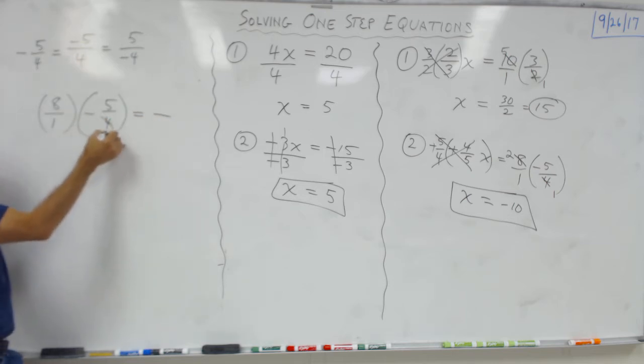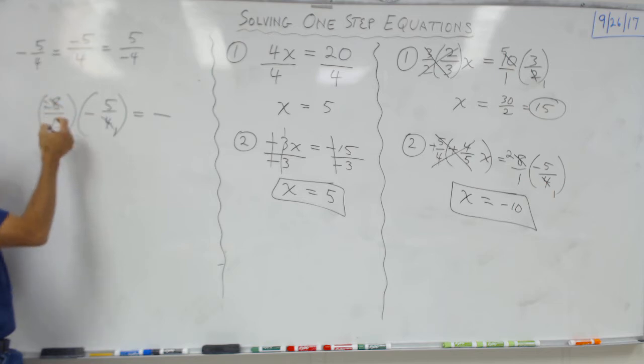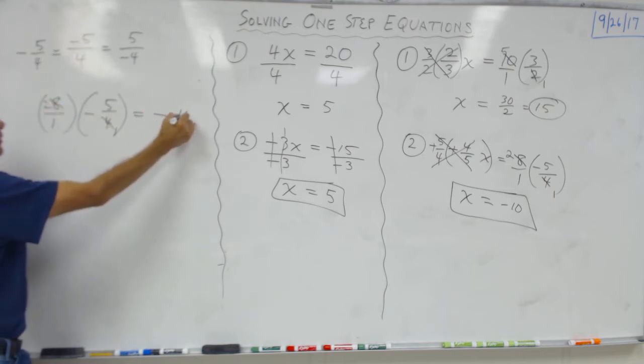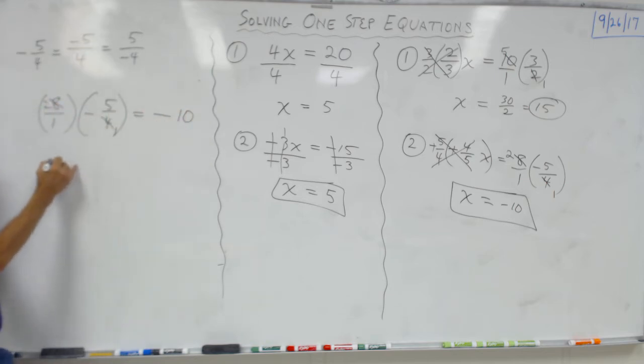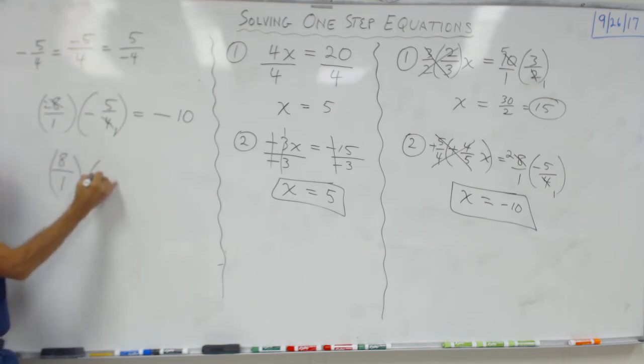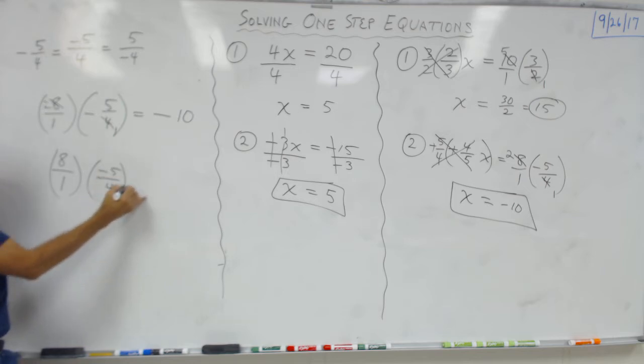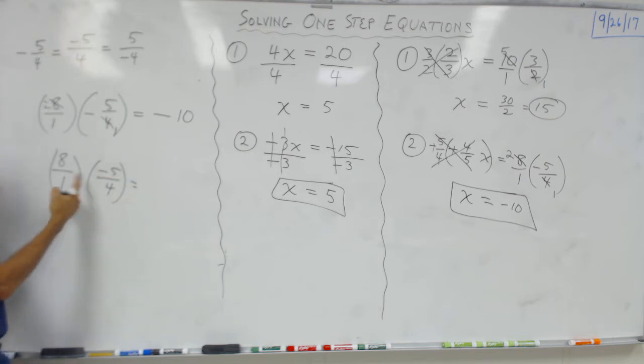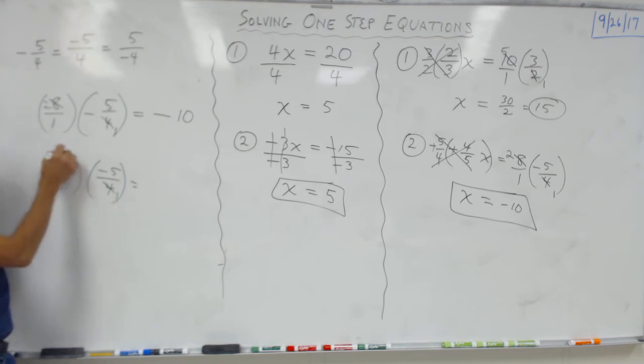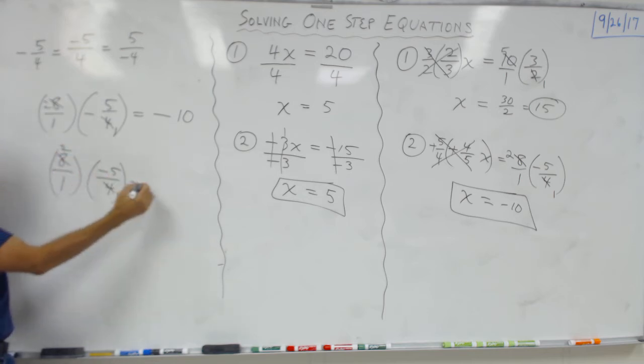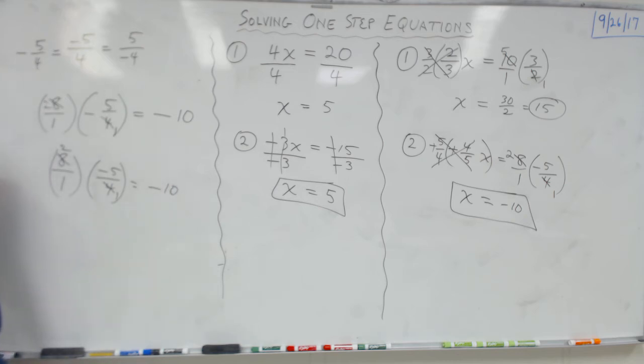And then again, 4 goes into that once, 4 goes into that twice, so then it's 2 times 5, it's negative 10. If I did 8 over 1 times negative 5 over 4, let's just do it this way. 4 goes into 4 once, 4 goes into 8 twice. I've got 2 times negative 5, that's negative 10, right? See what I'm saying?